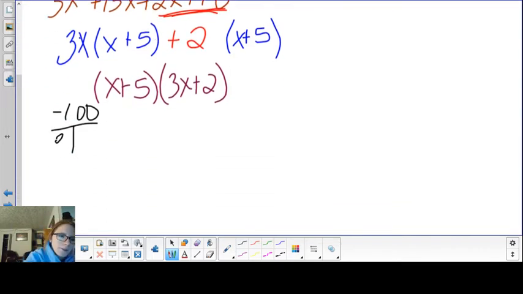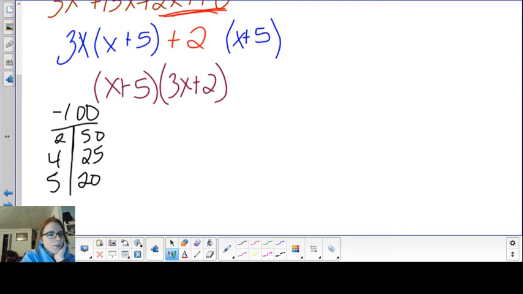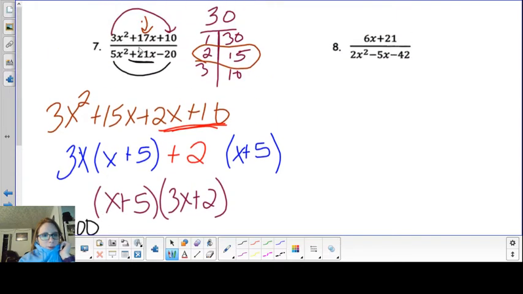Well, we got 2 and 50, nothing and 3, 4 and 25, 5 and 20, 6 doesn't go in, 7 doesn't go in, 8 doesn't go in, 9 doesn't go in, 10 goes in. And then go back to where we started. You see a combination that could get me to a 21?